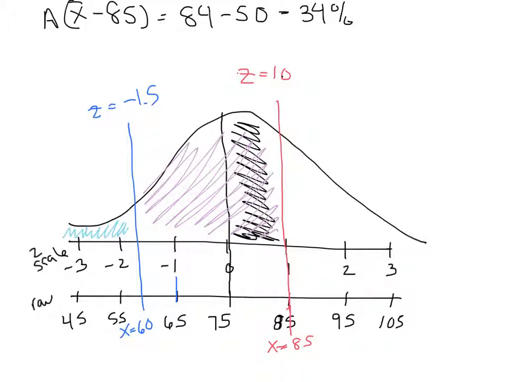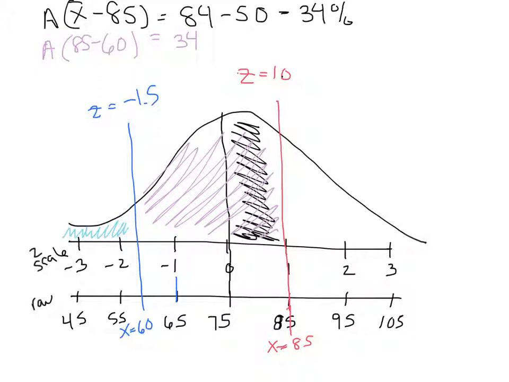For our second area, between 85 and 60, we already have one component. We have everything between the mean and 85. We already know that's 34%. So I'm going to take the 34%, and then on top of that 34%, I have to find this area.